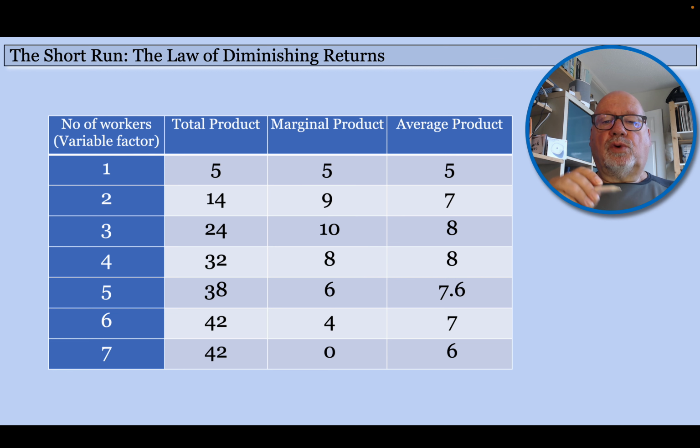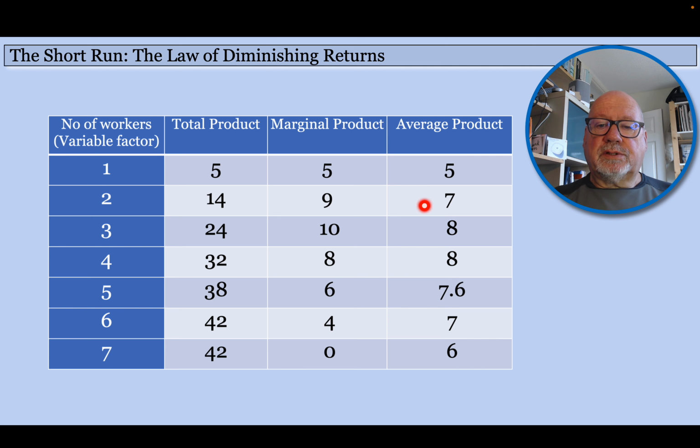So the first one can only do 5, let's say, an hour, the second one can do 9 an hour, and the third one 10, because they've all specialised. So the marginal product rises, but eventually, and this is the point for the marginal product, the law of diminishing marginal returns sets in, and marginal product starts to fall.